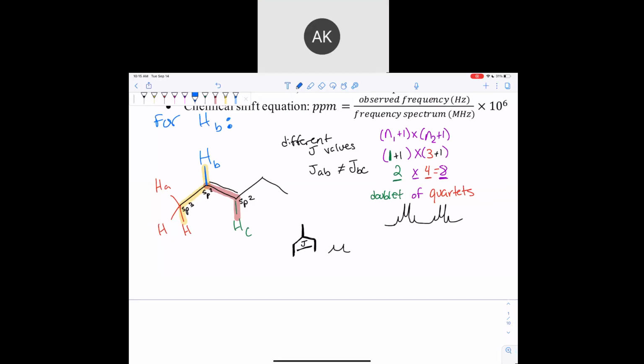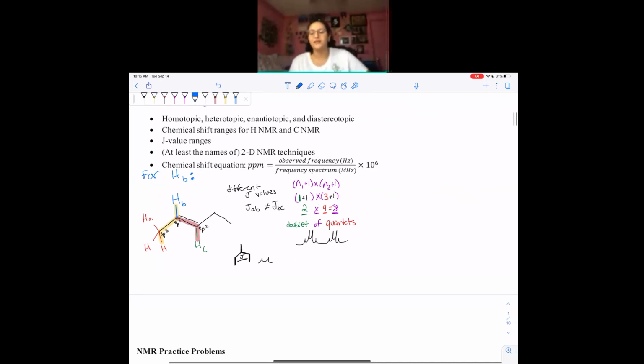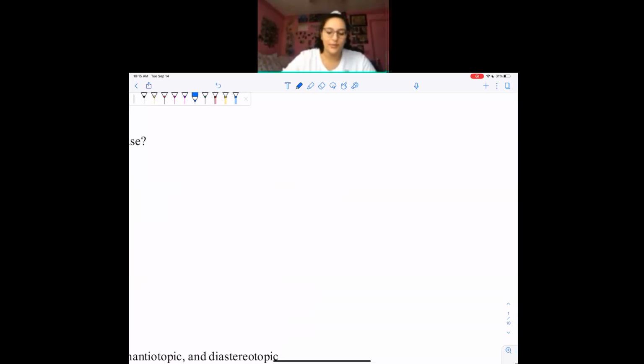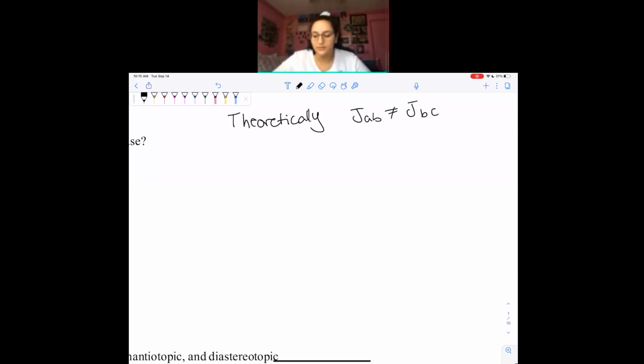So I'm actually going to show you one more example, because this is a real complex splitting question, but he likes to ask, theoretically, if these weren't the same, what would you get? So if he says something like, theoretically, JAB does not equal JBC, let's say we have something like this.